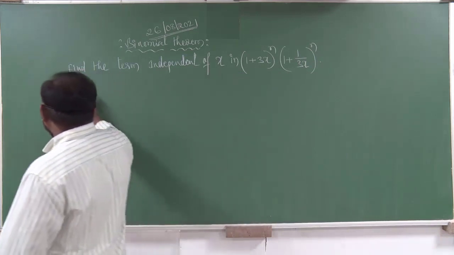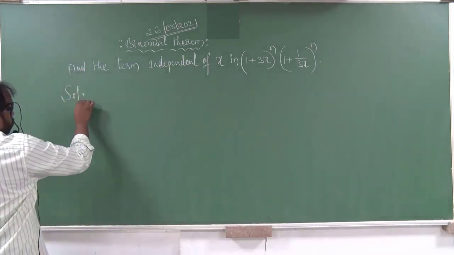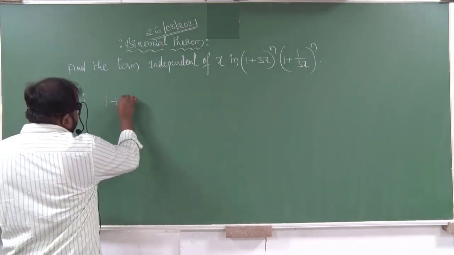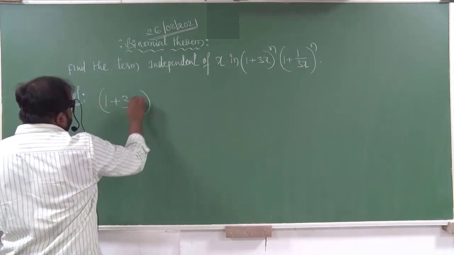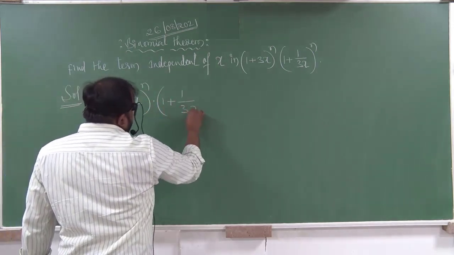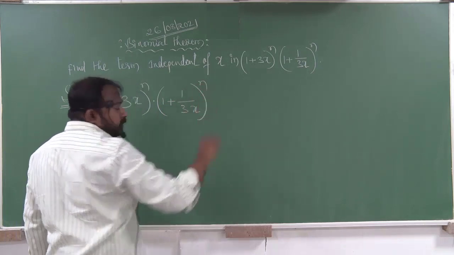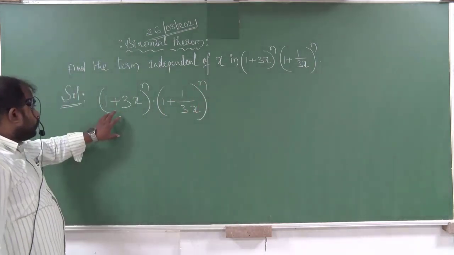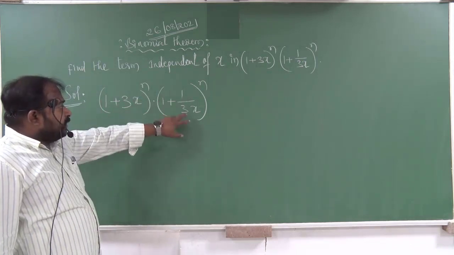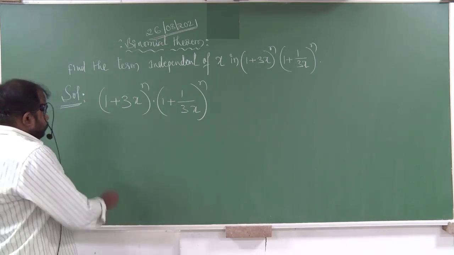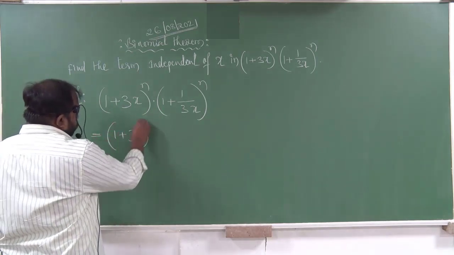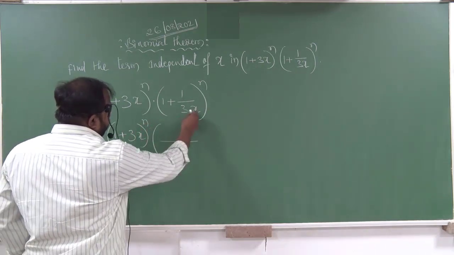Listen all of you. If you observe the given expansion, what is the given expansion? (1 plus 3x) whole power n into (1 plus 1 by 3x) whole power n. This is the given expansion. Now here, (1 plus 1 by 3x) whole power n, I will take LCM.